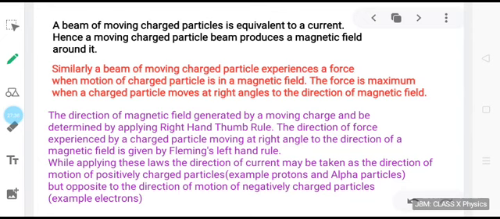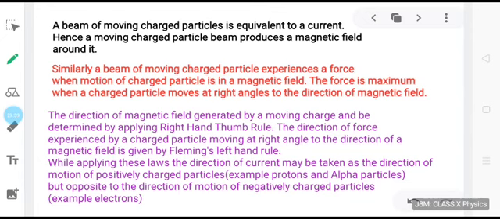The force is maximum when a charged particle moves at right angles to the direction of magnetic field. The direction of magnetic field generated by a moving charge can be determined by applying right hand thumb rule. The direction of force experienced by a charged particle moving at right angle to the direction of a magnetic field is given by Fleming's left hand rule.